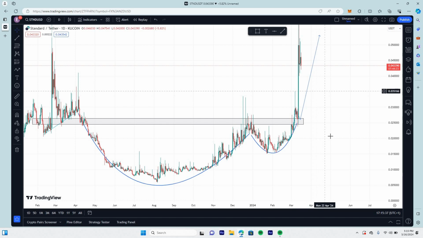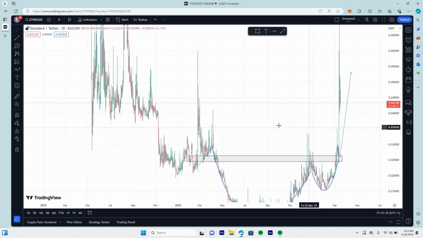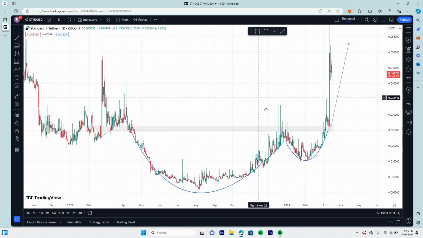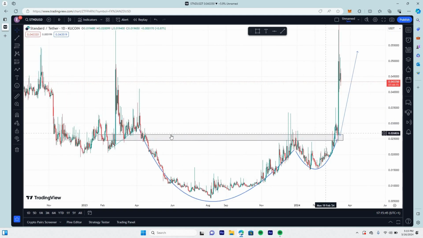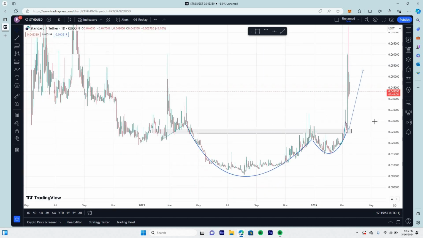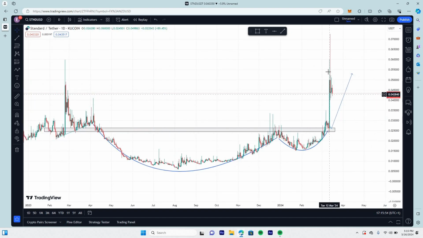So it's a really exciting chart. This is just looking at it from a 1 day chart, and we could see that price actually broke this resistance zone, which now turns into support, and we can see a very excellent price movement.